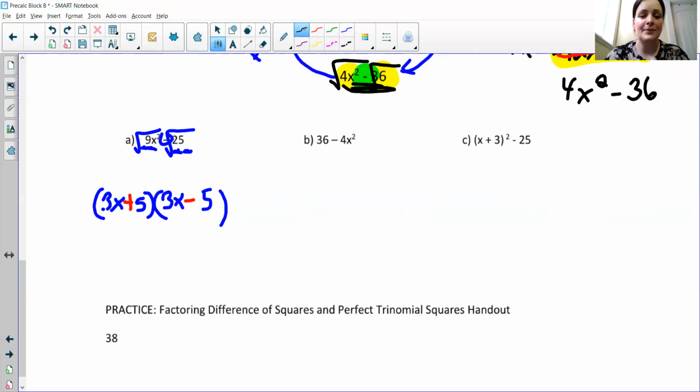All right, next one. If you haven't tried it, pause it, try it. Welcome back. Okay, so this one, is 36 a perfect square? Yes. Is positive 4x squared a perfect square? Yes, the square root is 2x.